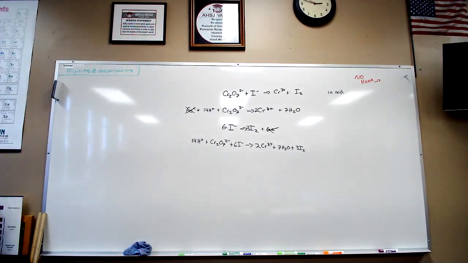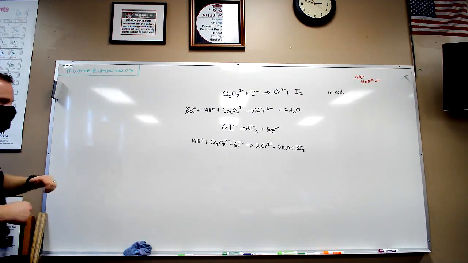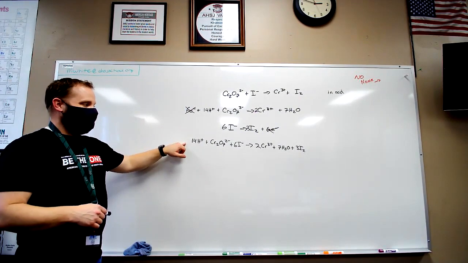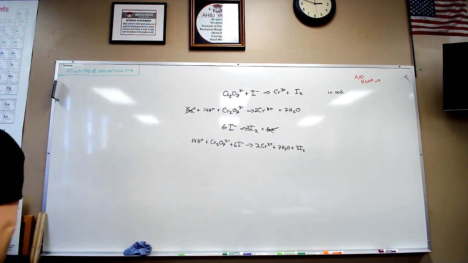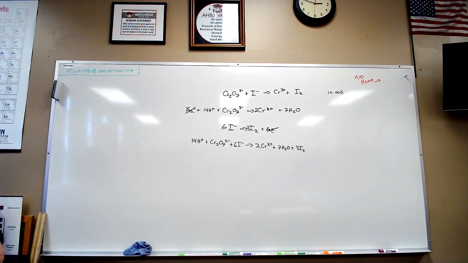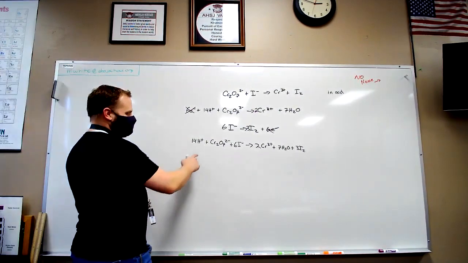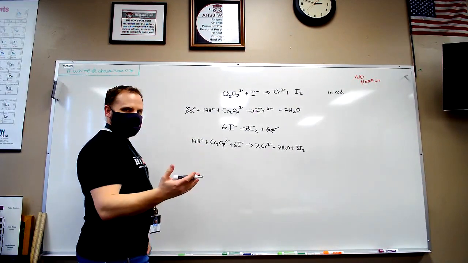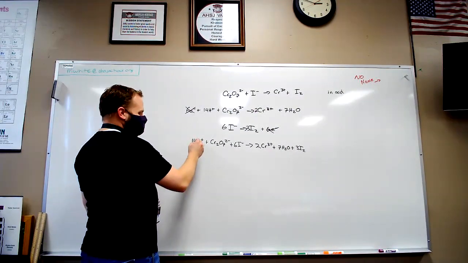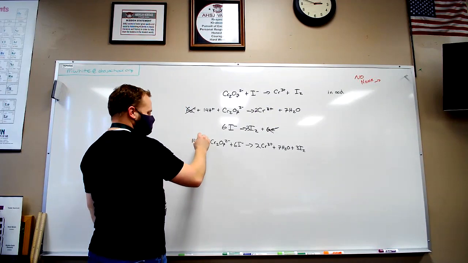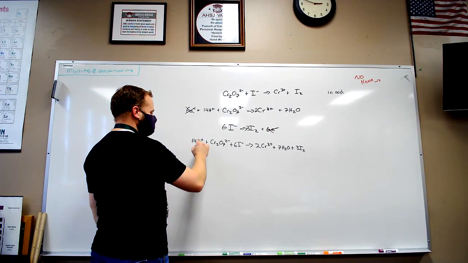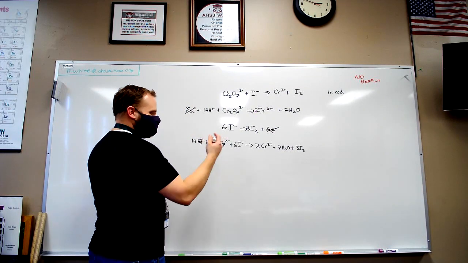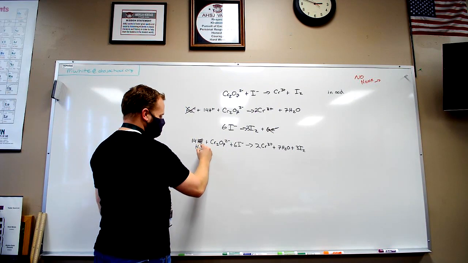For me personally, I find it easier to completely do it in acid until we get to this point. And then you just realize, well, anytime we have an H plus in basic conditions, it's going to react with OH minus. So anytime we have this right here, this H plus, we're going to react it with OH minus, turn it into water.